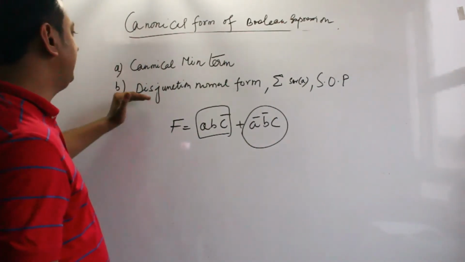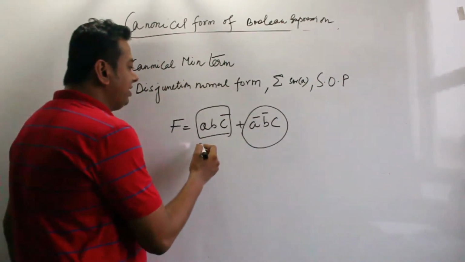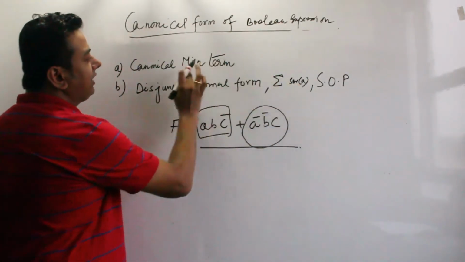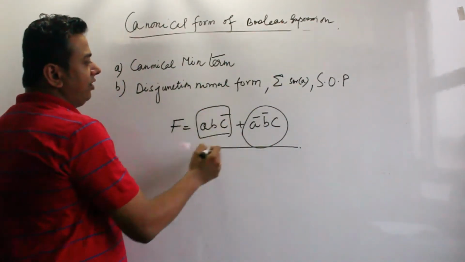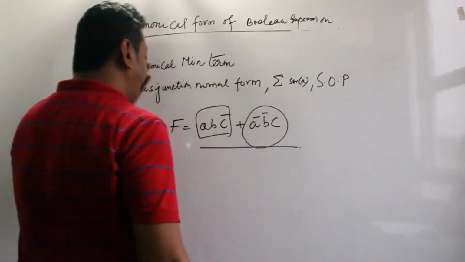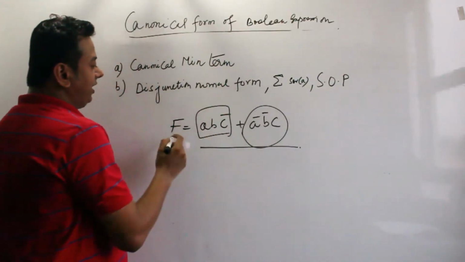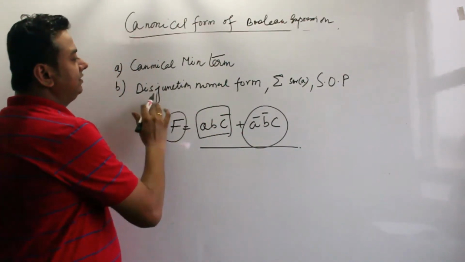And what is disjunctive normal form? That is the sum of all canonical min terms. So this is a canonical min term, right? Now sum of products, so this f is disjunctive normal form.